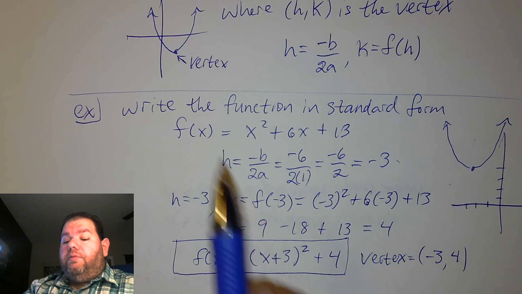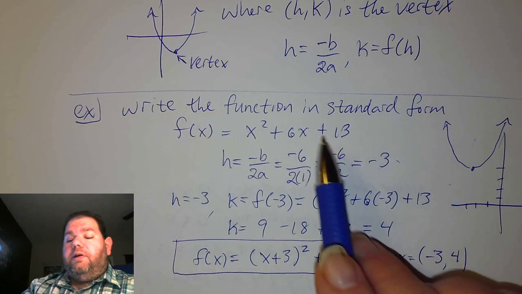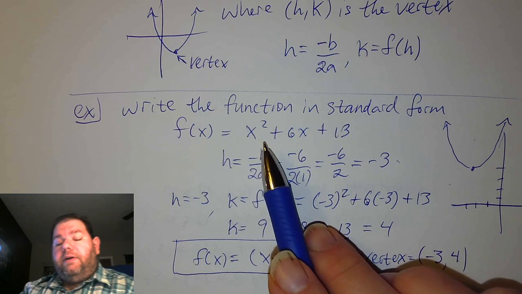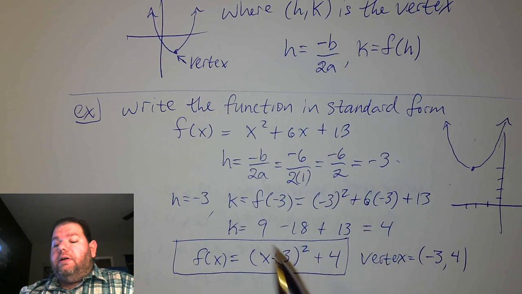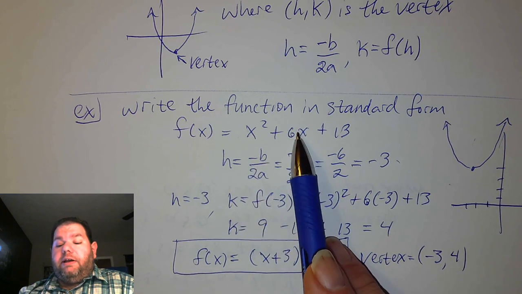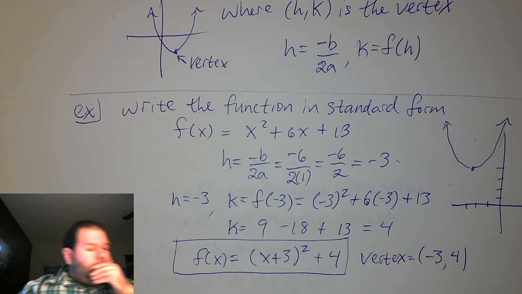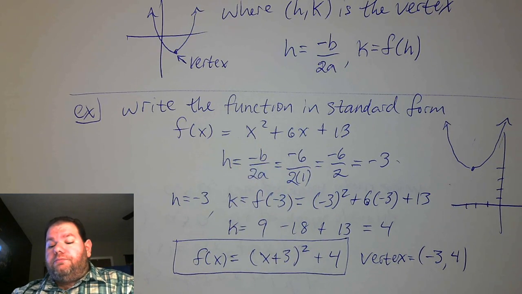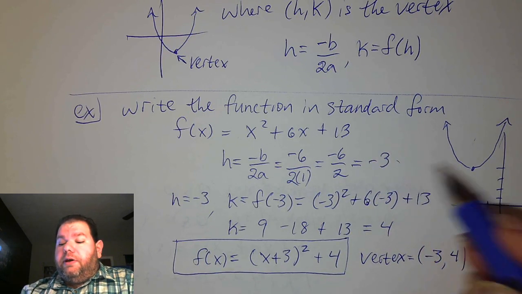Now, here our instructions are to write the function in standard form. We start off with f of x is x squared plus 6x plus 13. We calculated negative b over 2a, so negative 6 over 2 times 1, and we end up with negative 3.